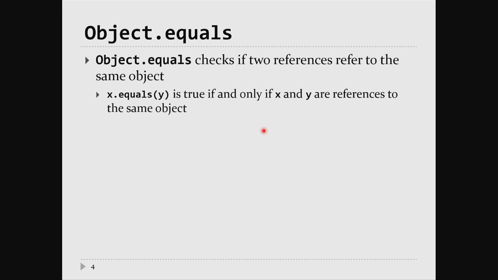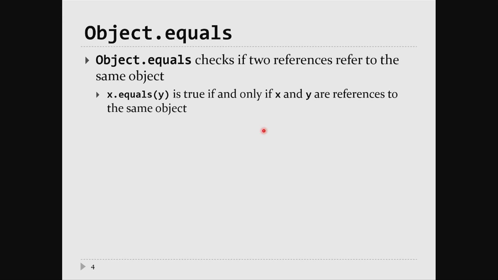So the object version of equals is identical to... so if you write p1 == p2, that's the same thing as the object version of equals.